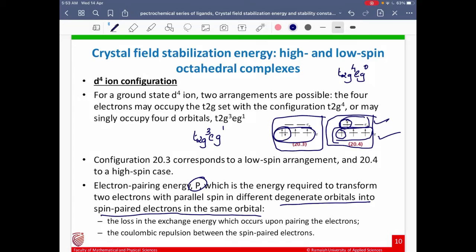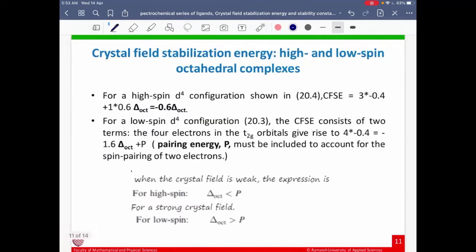The energy required to transform one arrangement into the other is the electron pairing energy, P. The loss in exchange energy which occurs upon pairing the electrons, and the Coulombic repulsion between the spin paired electrons, are the factors which determine the electron pairing energy.